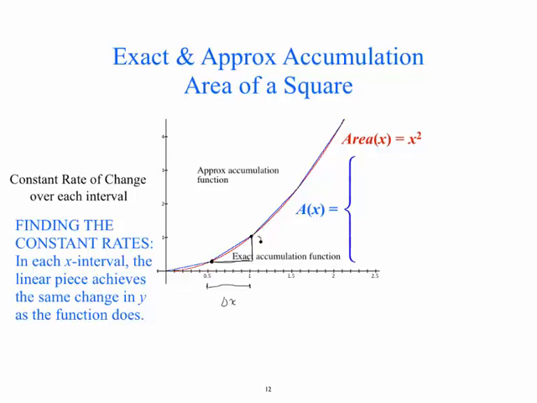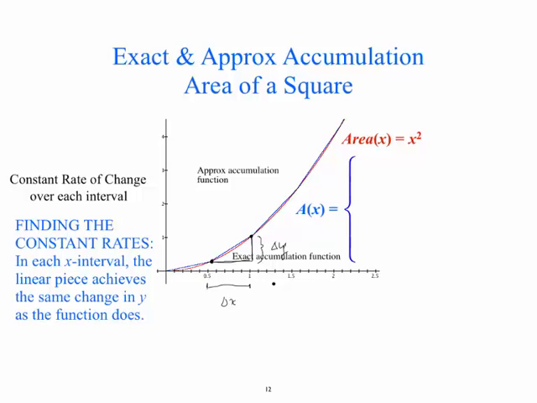This is delta y. We want that delta y to be the same for our new linear piece as it was for the old function, and that's how we define that constant rate. So this new segment we're creating as part of the approximate function will have the same change in y as the function did in that interval.